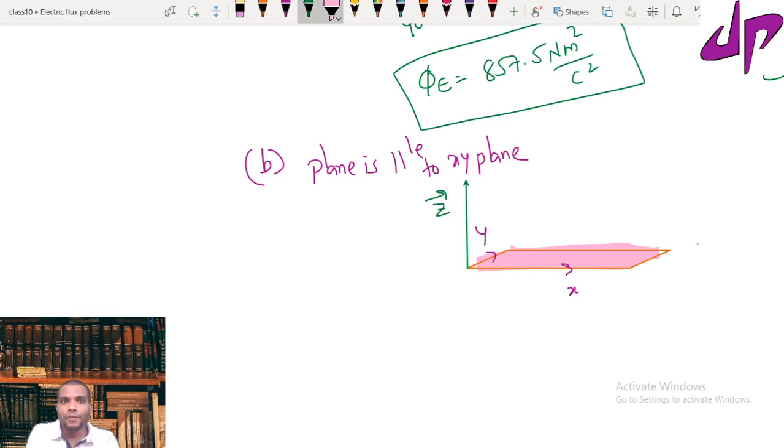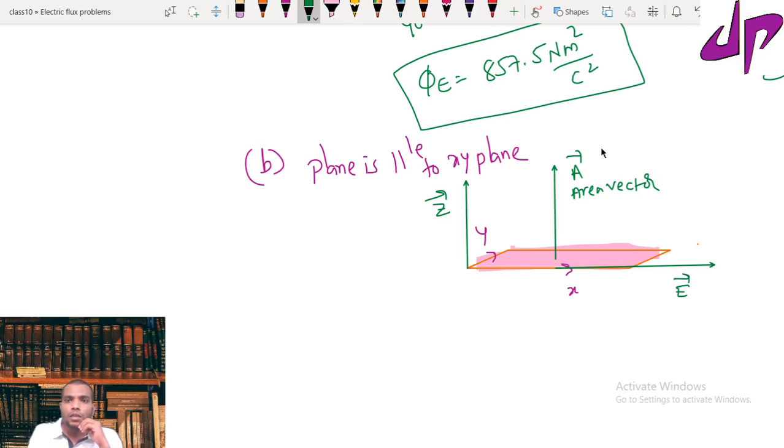Now the area vector of the plane is along this direction. And don't forget that the given electric field direction is along the x-axis, so this is the electric field direction.